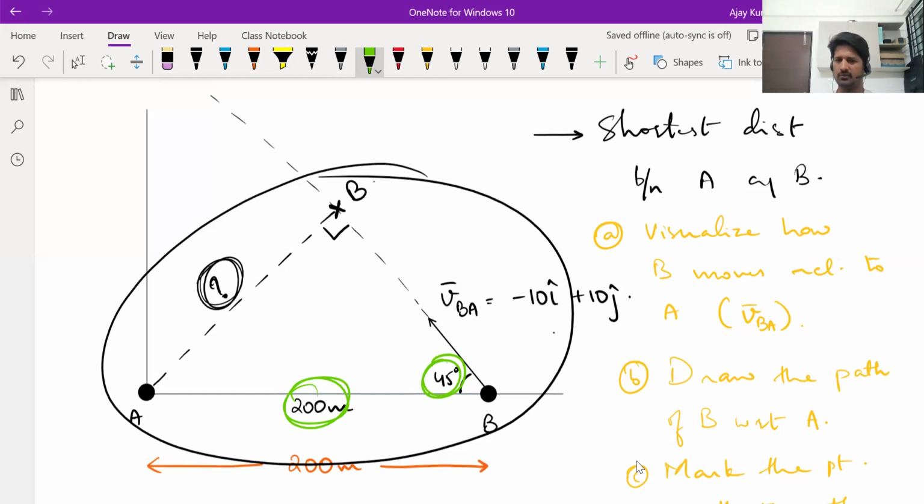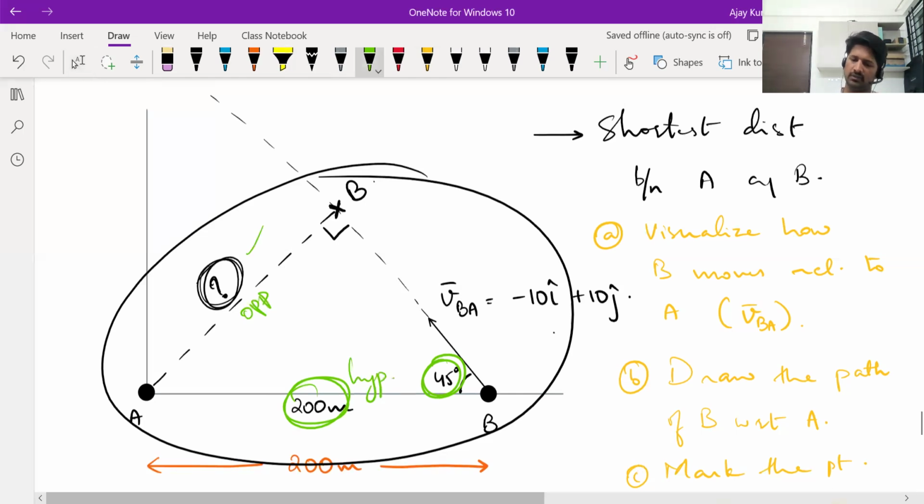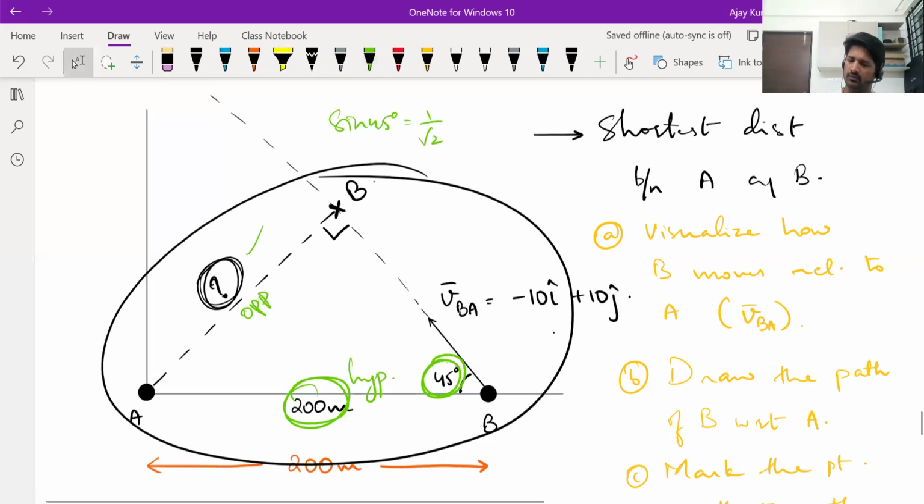So you can use sine 45 because for 45 degrees, this is the opposite side. And in this right angle triangle, this is the hypotenuse. If I do it here, sine 45 degrees is 1 by root 2. Opposite side is what we need to calculate, divided by hypotenuse is 200. Therefore, that unknown distance becomes 200 by root 2, that is 100 root 2 meters.